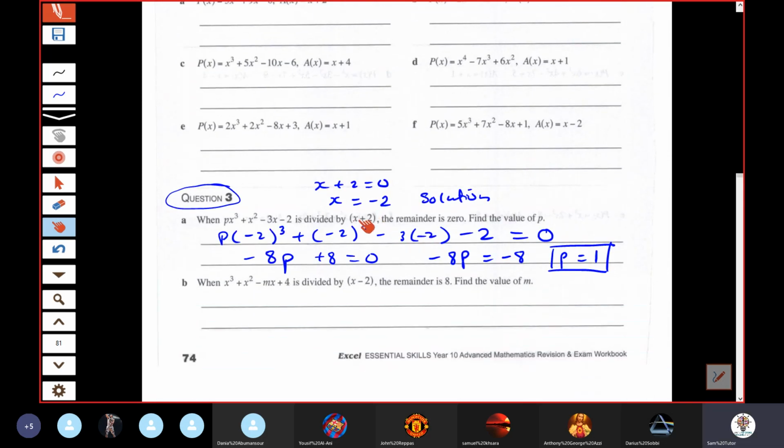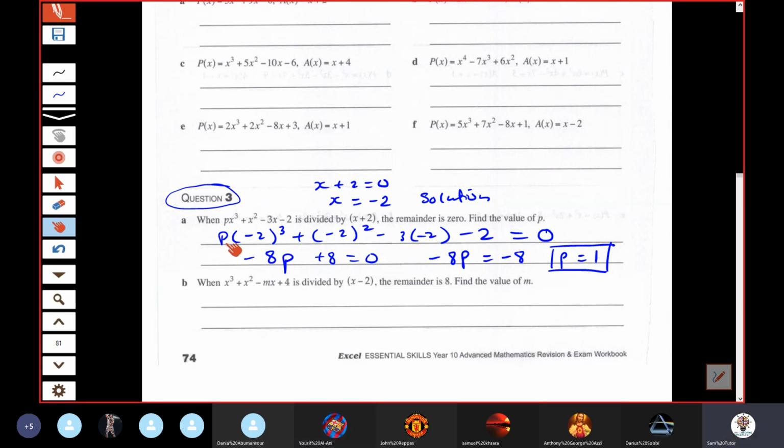So solve this. There it is. Sub it in. There it is. Can you see that substituted in for x's? Yeah. And then what does it need to equal to? 0. Because the remainder must be 0. That's what it says.